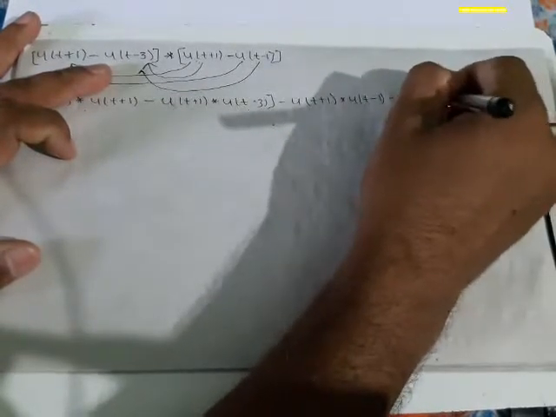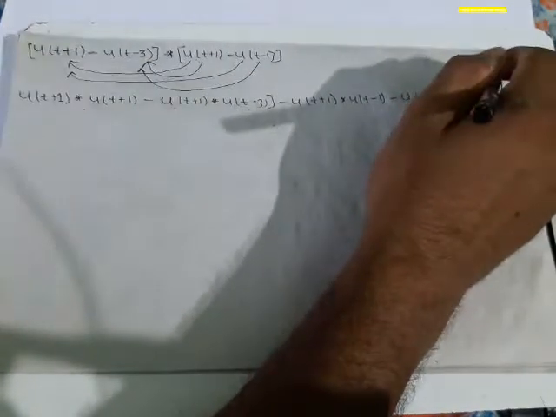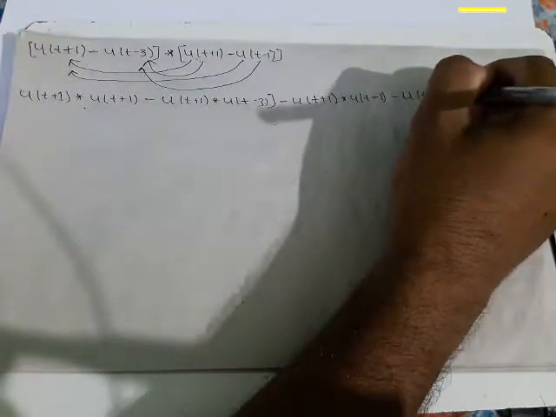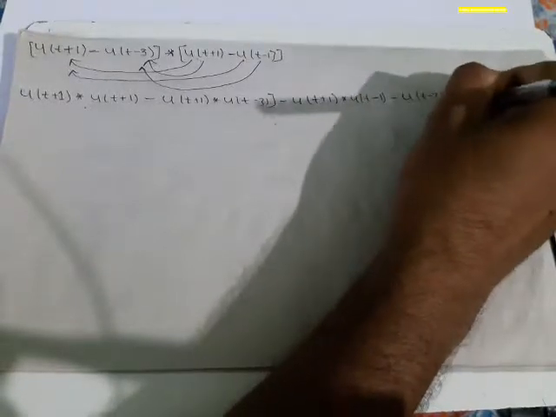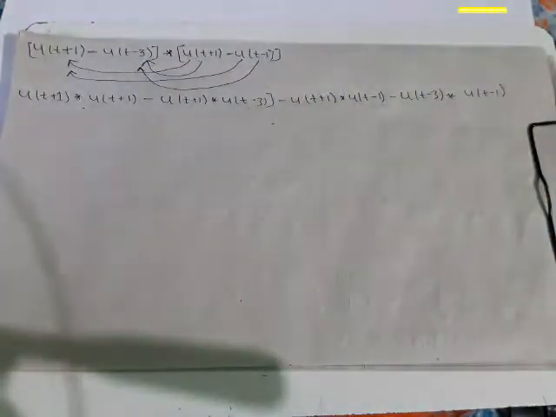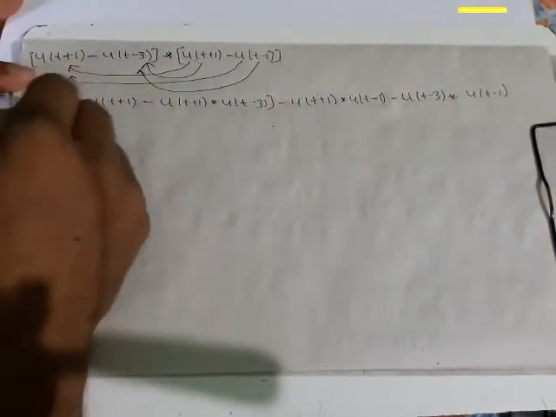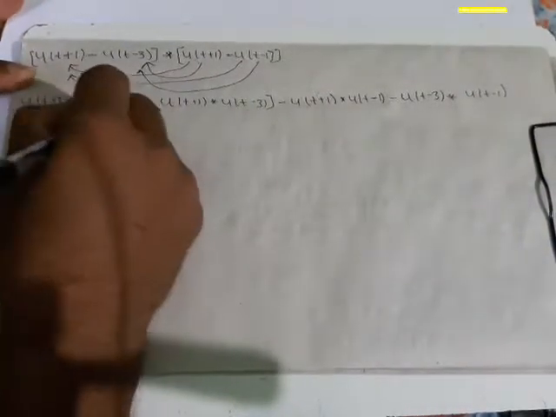Use this property: minus r of t plus 1 minus 3, minus r of t plus 1 minus 1, and plus r of t minus 3 minus 1.